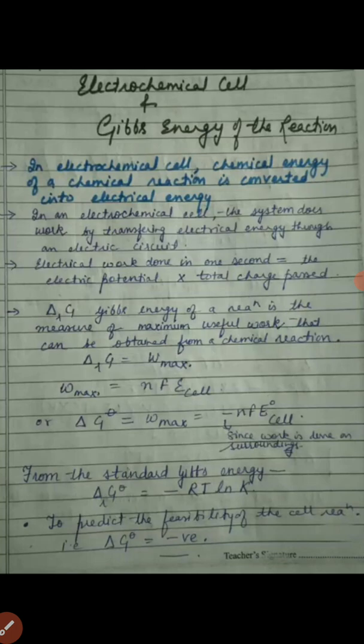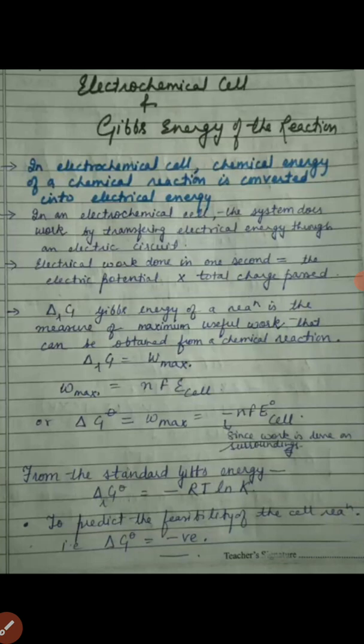Now, the cell potential, that is the EMF of the cell, is related to the Gibbs energy change. The electrical work done in 1 second will be equal to the electrical potential multiplied by the total charge passed.